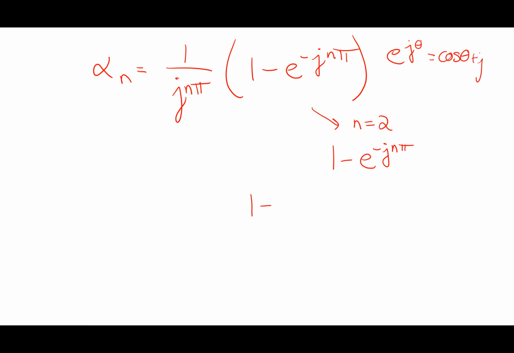So I can expand this into 1 minus cosine n pi, since the cosine of a negative angle is the same as the cosine of the positive angle, and I would get plus j sine n pi, like that.